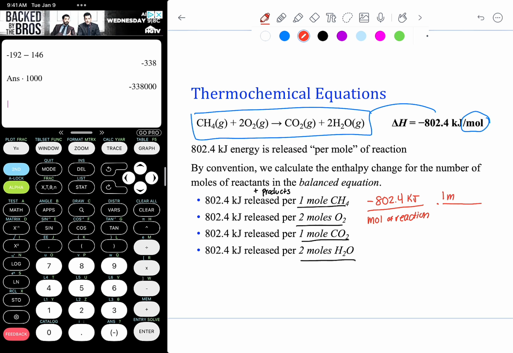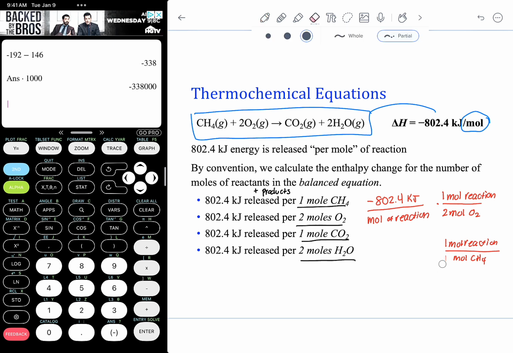In 1 mole of reaction, I have 2 moles of O2. Or you can write this as, for every 1 mole of reaction, I have 1 mole of CH4. So that's how we're able to convert it from the total moles of reaction overall to individual reactants or products.